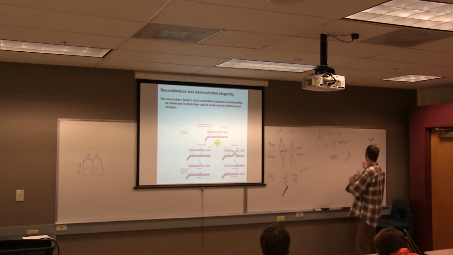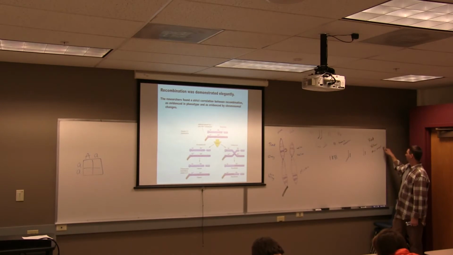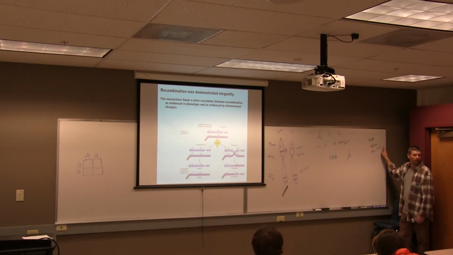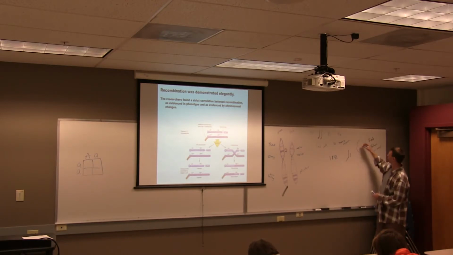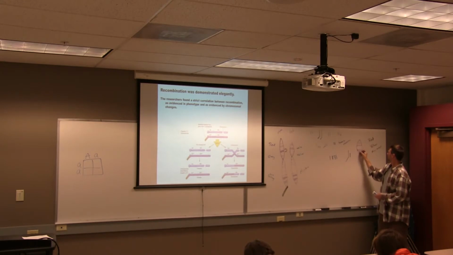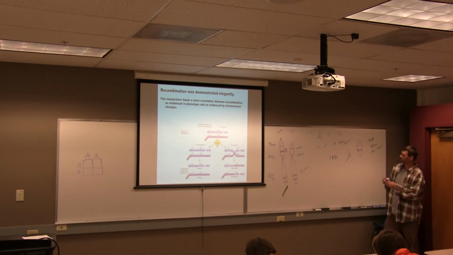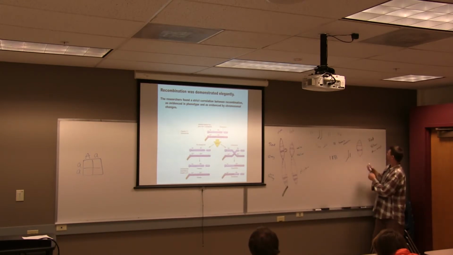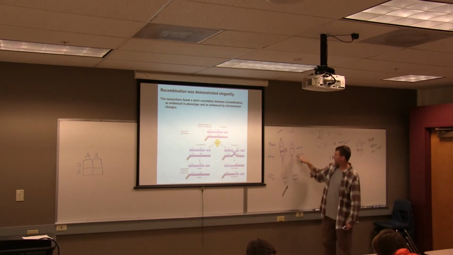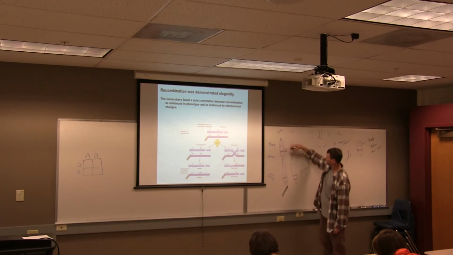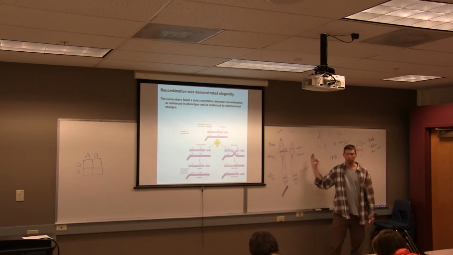So what? Okay, to make this, let's redo this. This is what it looks like. Okay, so it must have this. Right? So it's got red right here. But to get yellow onto this red, crossing over had to happen like right here, right? To move this guy over.